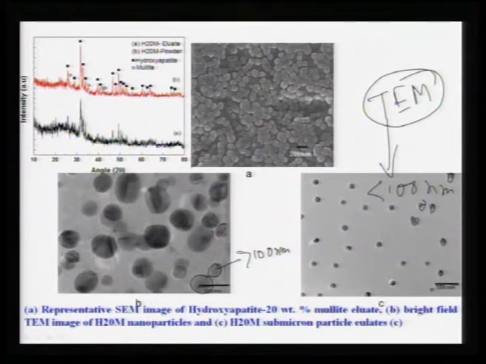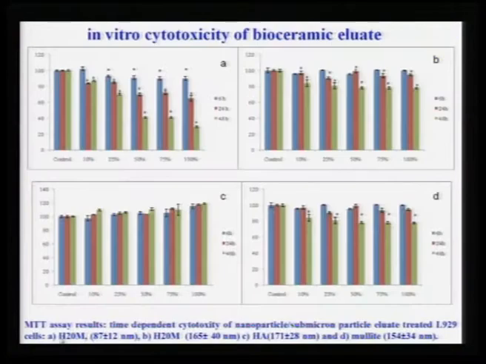So, we can see what effect it can have as far as toxicity is concerned. On the x axis the optical density is plotted, and along the y axis the different concentrations of the hydroxyapatite mullite are plotted. Now, control means there is no particle treatment.